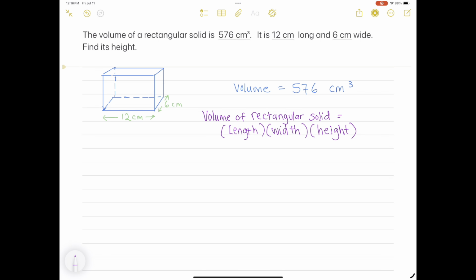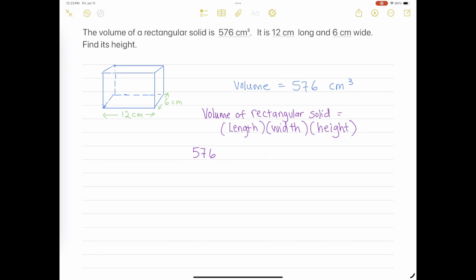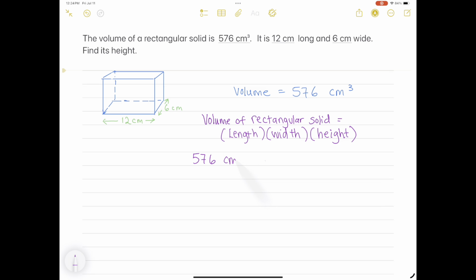Now it's just a matter of plugging and chugging the correct values in for the equation. So the volume is 576 cubic centimeters, which equals the length, which is 12 centimeters, times the width, which is 6 centimeters, and that just leaves the height as the unknown.